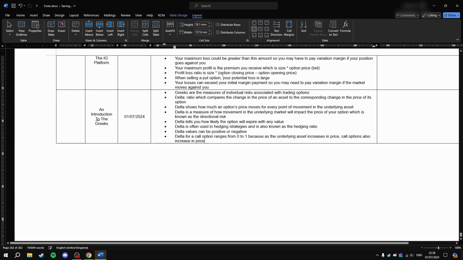So the delta is a ratio which measures the change in price of the asset to the corresponding change in the price of its option.